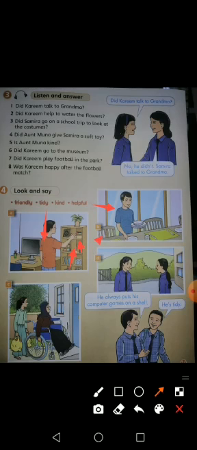Look here and see. Can you see? And see he is also helpful, right?